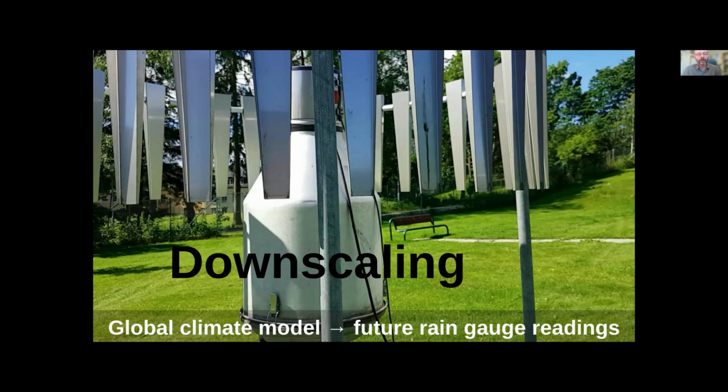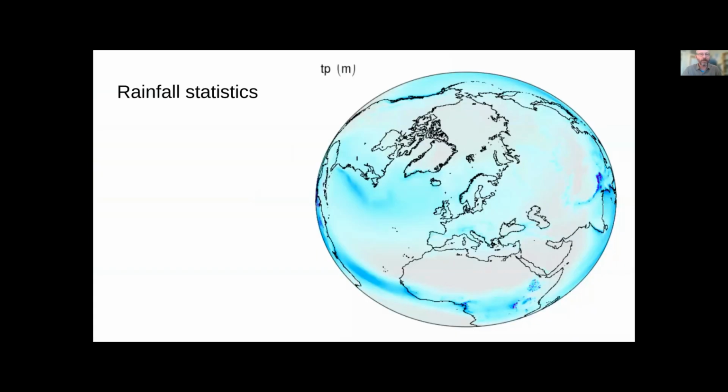So how can we then make use of that information and say something about what falls into this bucket, or how the temperature at this location changes? But fortunately, what we are really looking for is the change in the statistics of rainfall and also temperature.